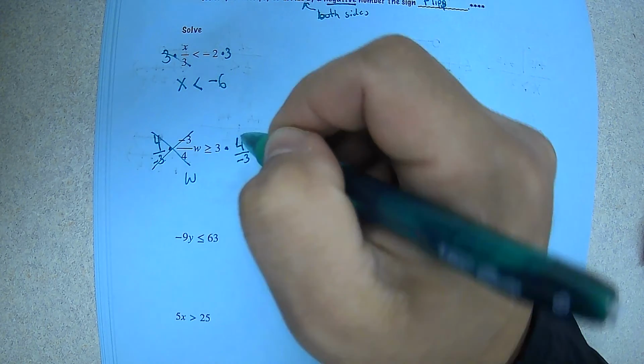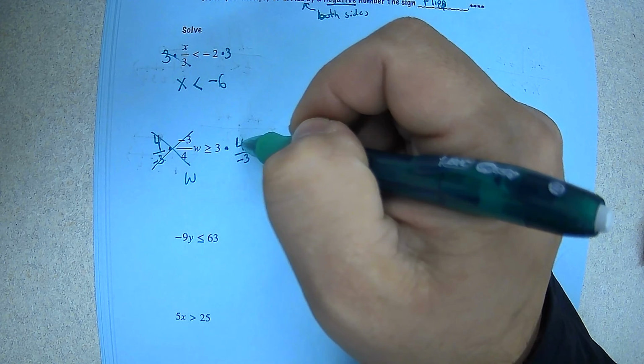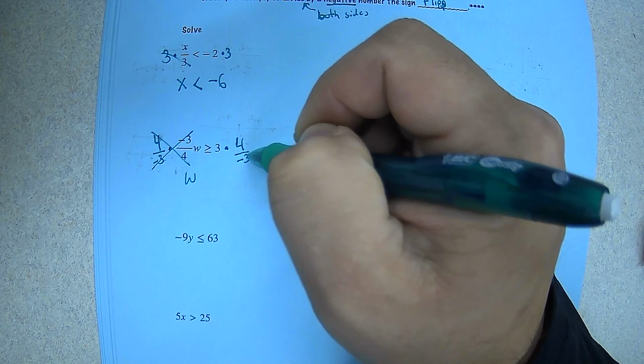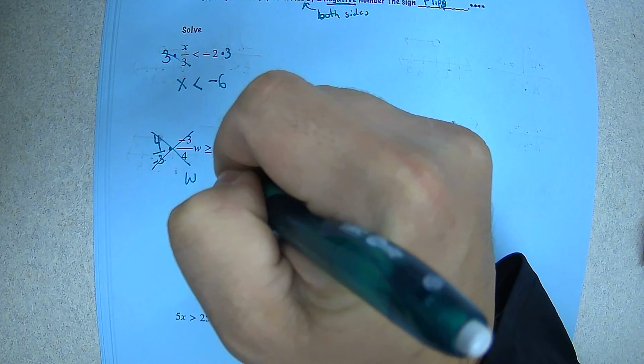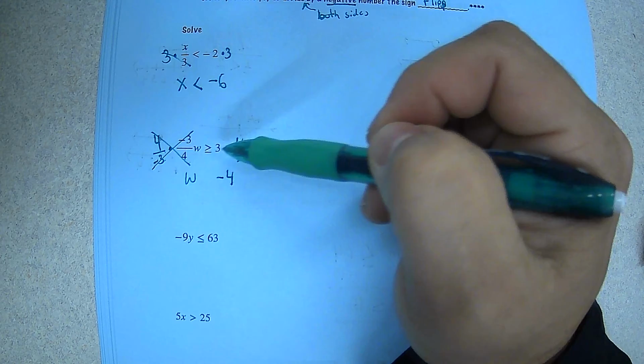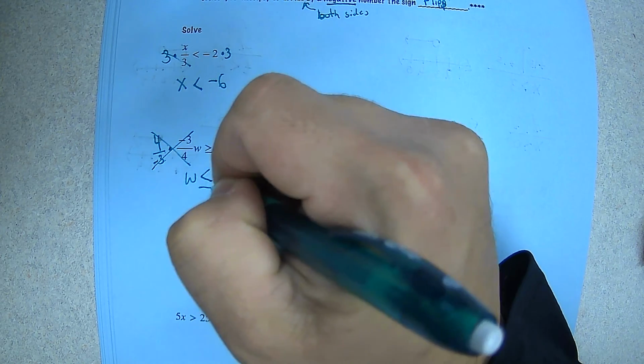Now notice 4 times 3 is 12. 12 divided by a -3 is going to be a -4. Now this number is negative that I multiplied both sides by. So that means we are going to flip our inequality because of what we just talked about.